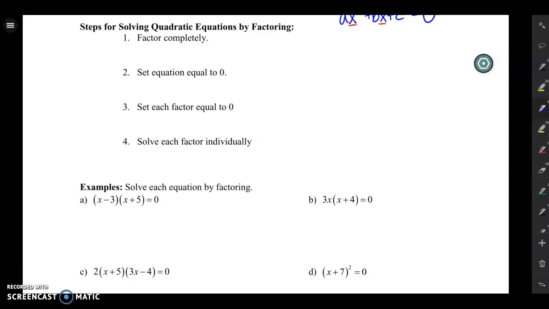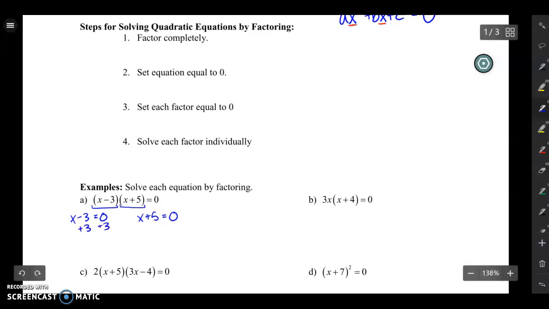So then what we do is we set each factor equal to 0. So remember, a factor is something that you multiply together to get something else. That means that x minus 3 is one of our factors. So I'll set that equal to 0. And then x plus 5 is our other factor. So I'll set that equal to 0. Then I'm going to solve each factor individually. So I'm going to come over here to this x minus 3 equals 0, and I'm going to solve it, which means get the x by itself.